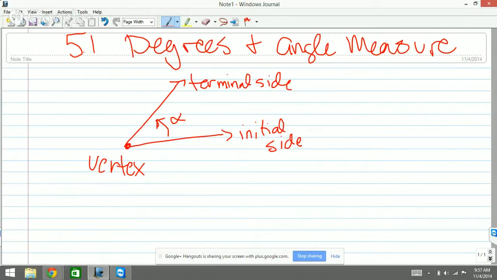So that angle we're going to say is alpha.